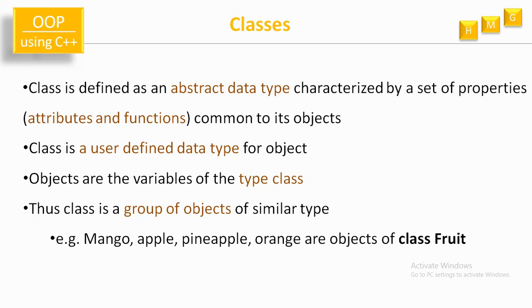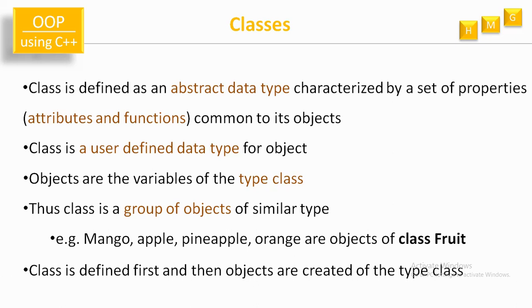So fruit is a class, and mango, apple, pineapple, orange, etc. are the objects of the type fruit. In an OOP program, you have to define the class first. Once the class is defined, then you can create the objects of the type class. So in a program you have to define the class followed by the creation of objects.